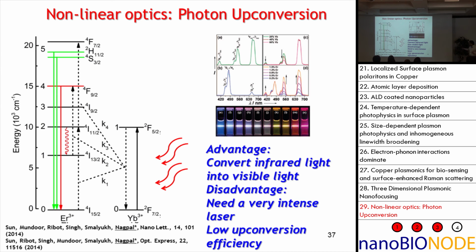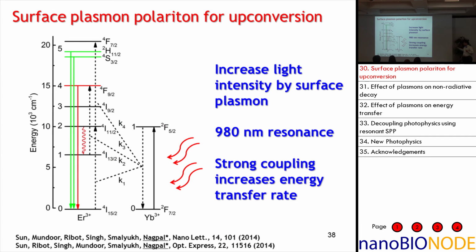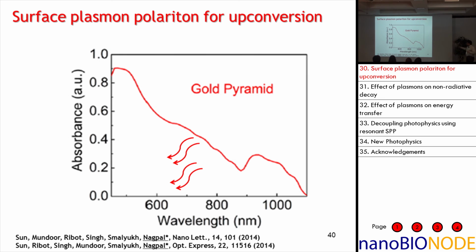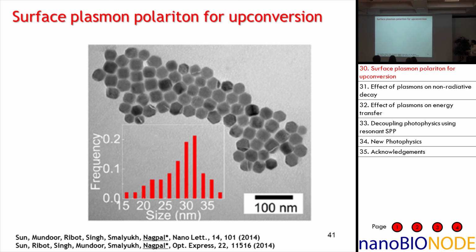When we create a whole series of these, you can get a different light output from these, and we put them on top of these very well-designed plasmonic nanopyramids. These are our nanopyramids that were designed with 2 micron periodicity, so they would be resonant at 1 micron. So this is the plasmon, the gold pyramids.